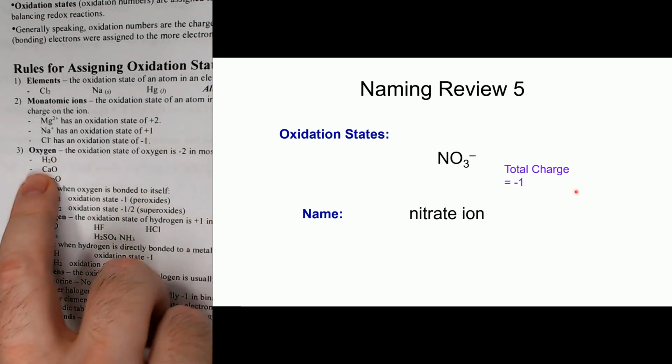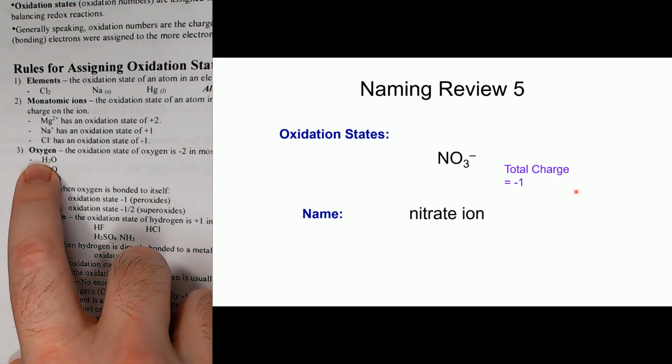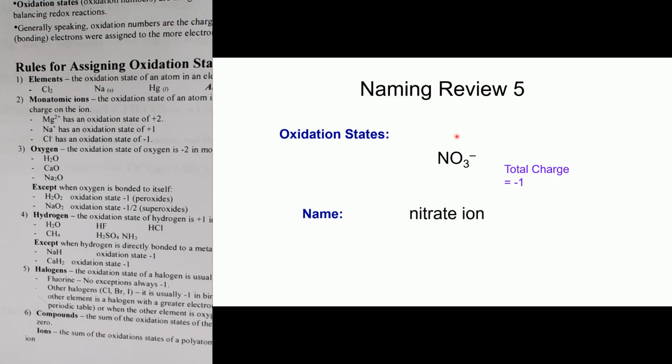And then our next rule is, is oxygen present? Well, yes, it is. So oxygen is -2. We'll multiply -2 times 3. So -2 times 3 is -6. -6 plus some number gives us -1. That has to be +5. And then +5 divided by 1 gives us +5. So the oxidation state of nitrogen in nitrate is +5.